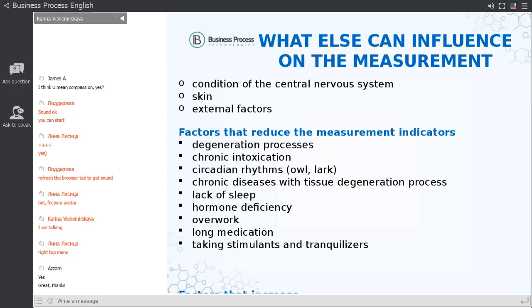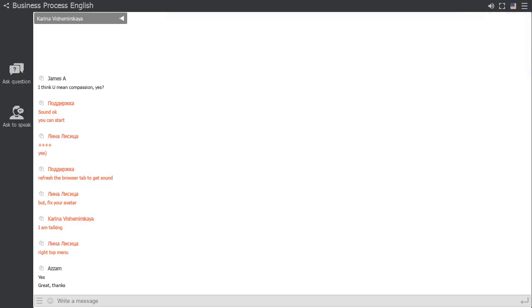This also has a bad effect, but the effect depends on the dose taken. If you do sport, running and squatting especially, it also increases the indicators of the measurement, and acute intoxication also increases the measurement results.